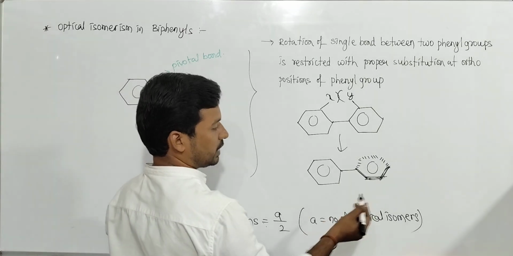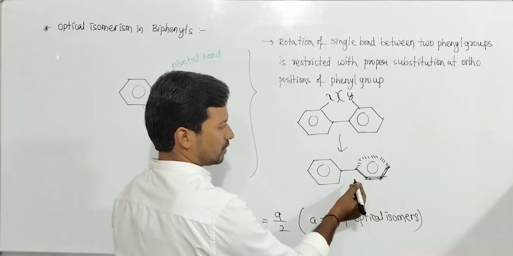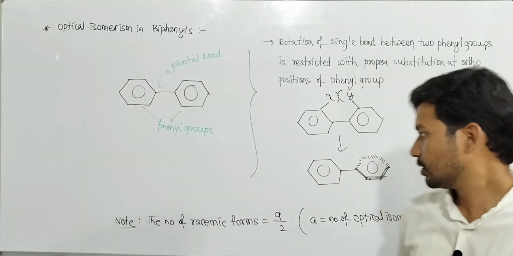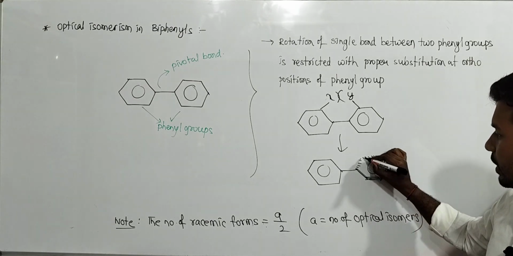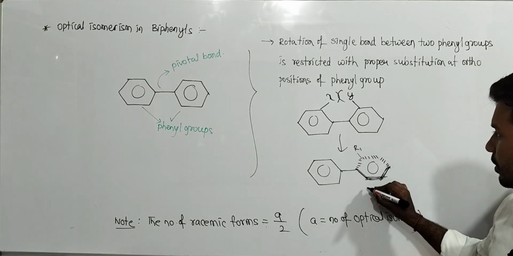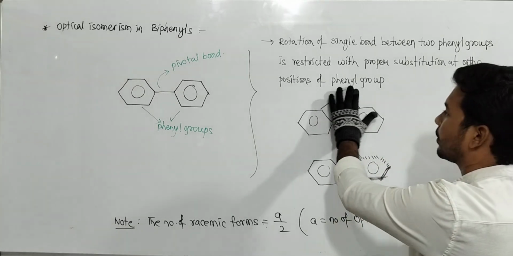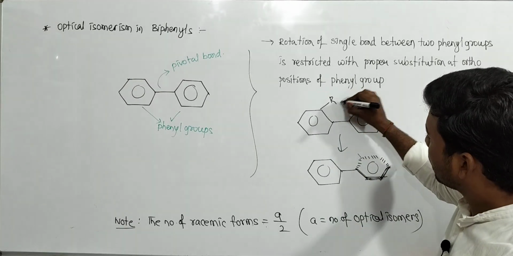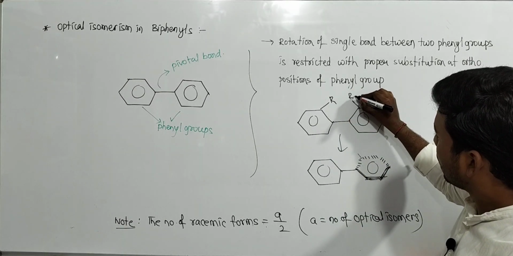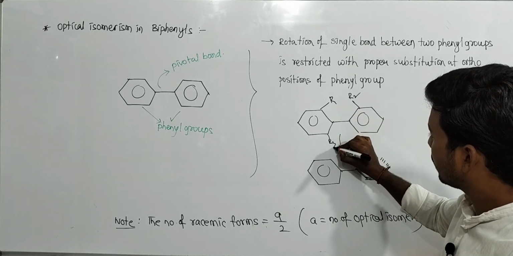One is vertical, the other is horizontal. So this becomes a chiral plane. So here bulky groups are present. I am writing R1 here, R2 here, R3, R4.